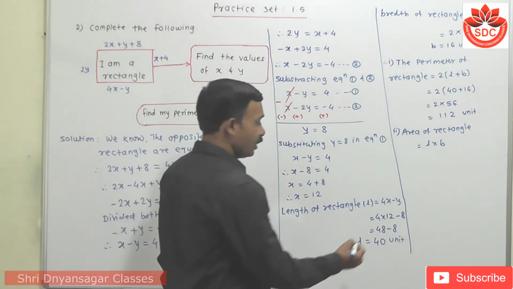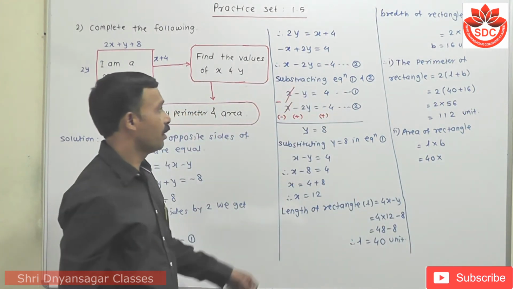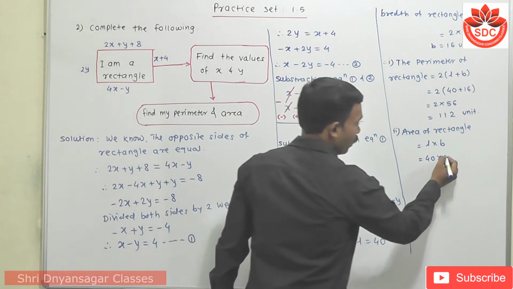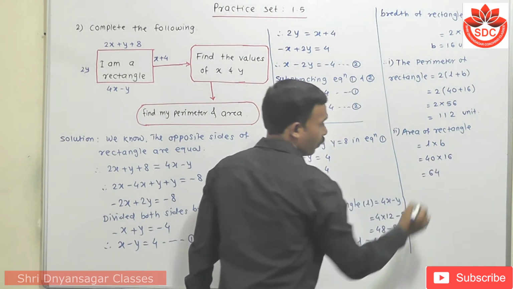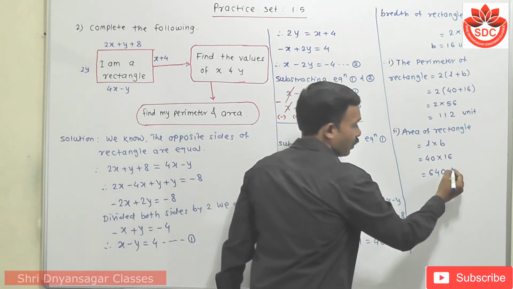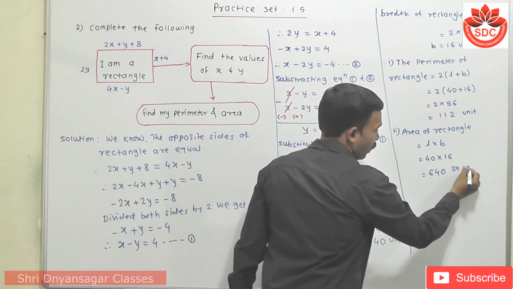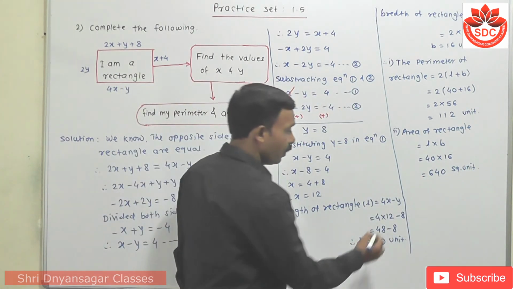The value of L is 40 and the breadth is 16. Okay, 16 fours are 64 and this 0 as it is. This is the area, so the unit is square unit. Students, we write the answer in a full sentence. Therefore, answer.